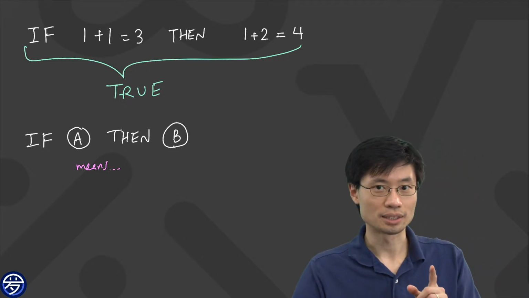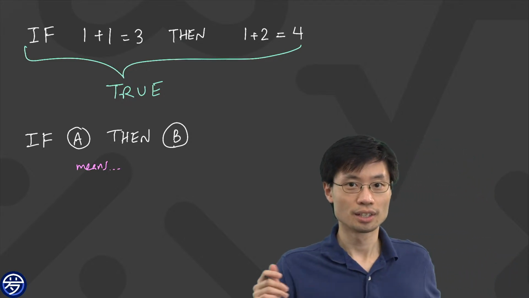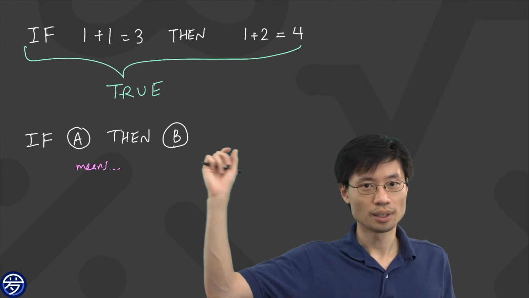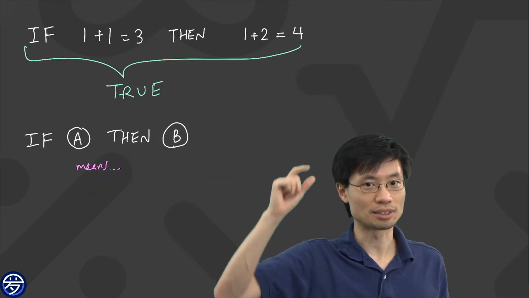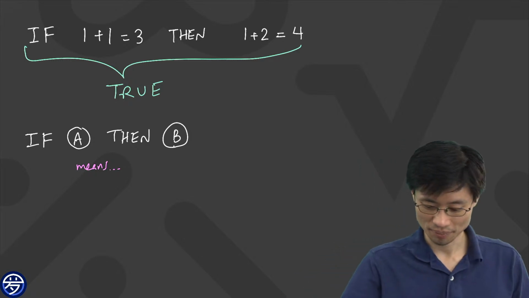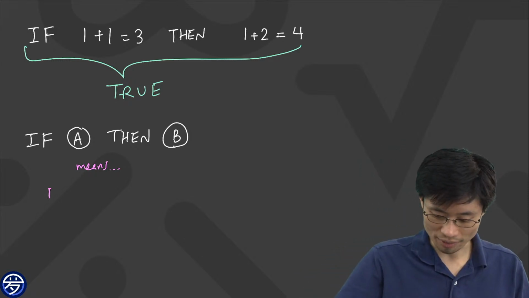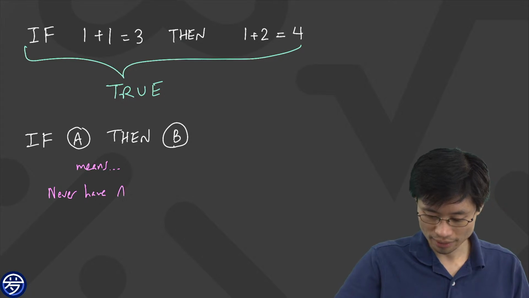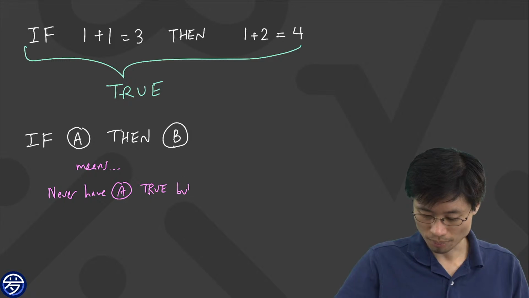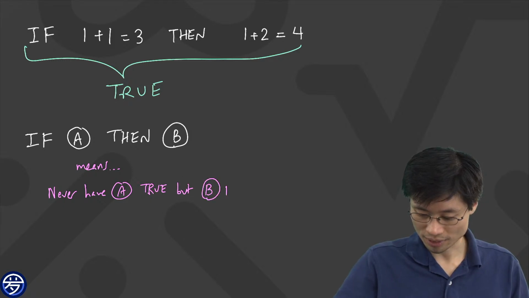It just means that you never have that A is true and B is false. That's all that means. It means that you never have A true but B false.